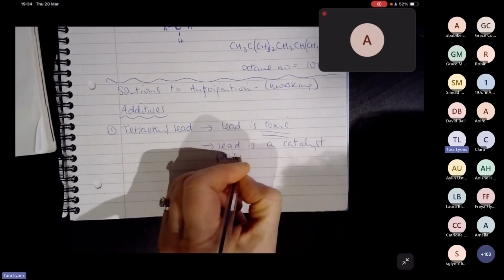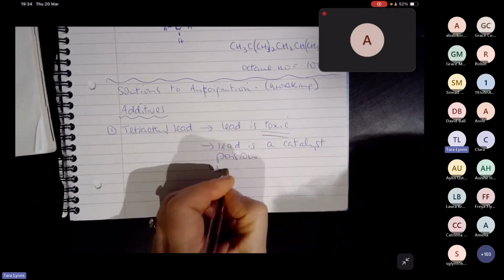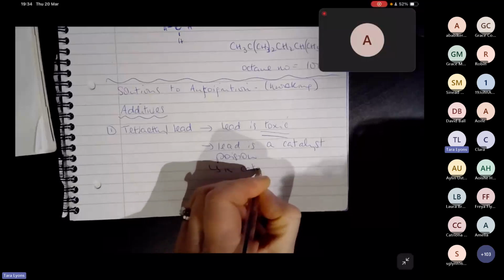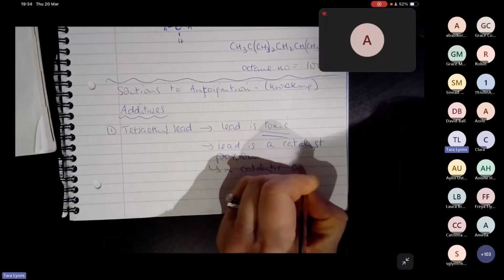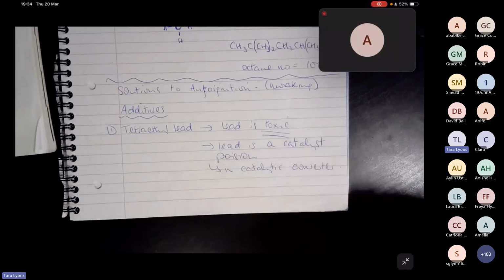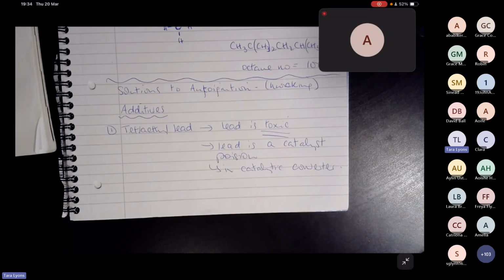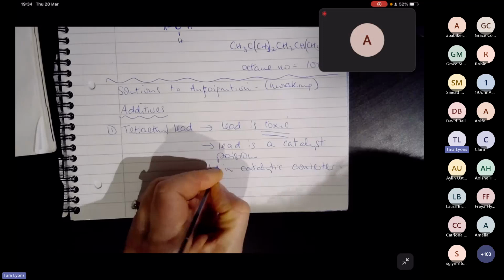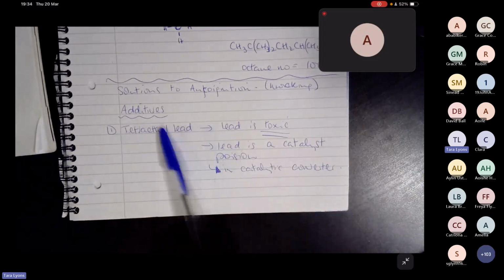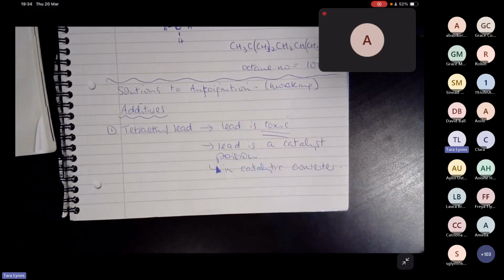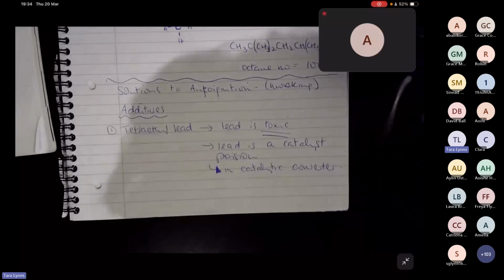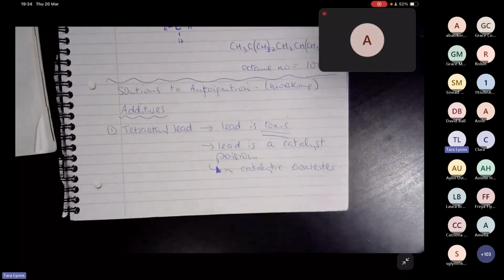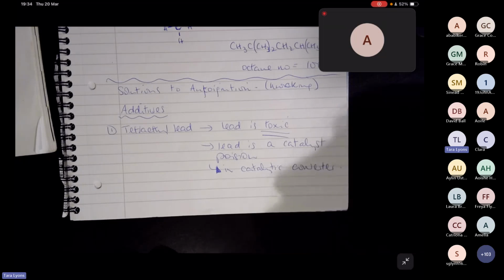It'll poison the catalyst in the catalytic converter of a car, and we definitely don't want that to happen. We've paid thousands to have a catalytic converter in a car. And now if we use leaded petrol, we're poisoning the catalyst, and we might as well have taken those thousands of euros and thrown them down the drain. There's no point, if you're going to use leaded petrol, in having a catalytic converter in a car.